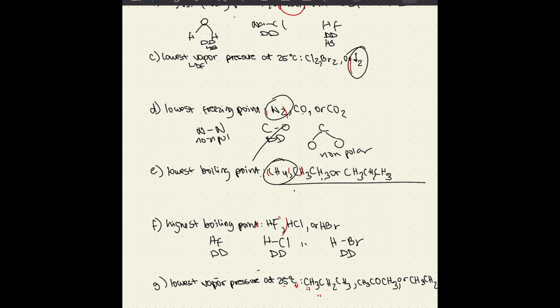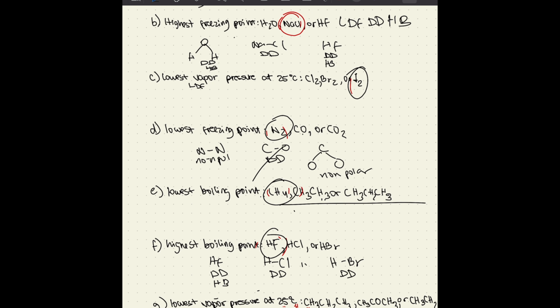This one has hydrogen bonding. All of them have LDF. So it's definitely HF. Hydrogen bonding is the strongest intermolecular force between the three. It goes from hydrogen bonding, then dipole-dipole, and then LDF.